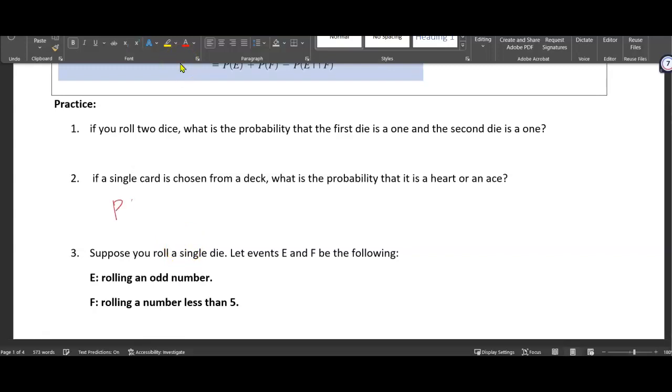This is the probability of heart or ace, right? So it's the probability of heart, remember? We have 13 out of 52, and then the probability of the ace, and then you make sure you take away that overcount. And how come we cannot do the multiplication like the first one? For the OR, how come we cannot do the multiplication?